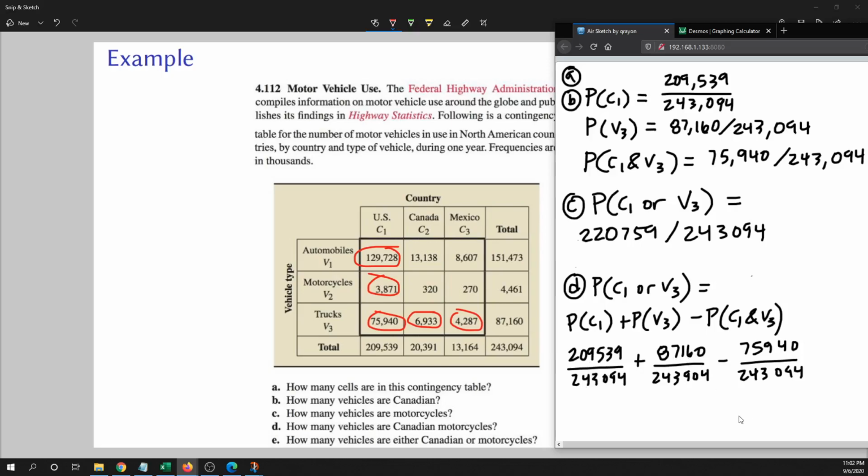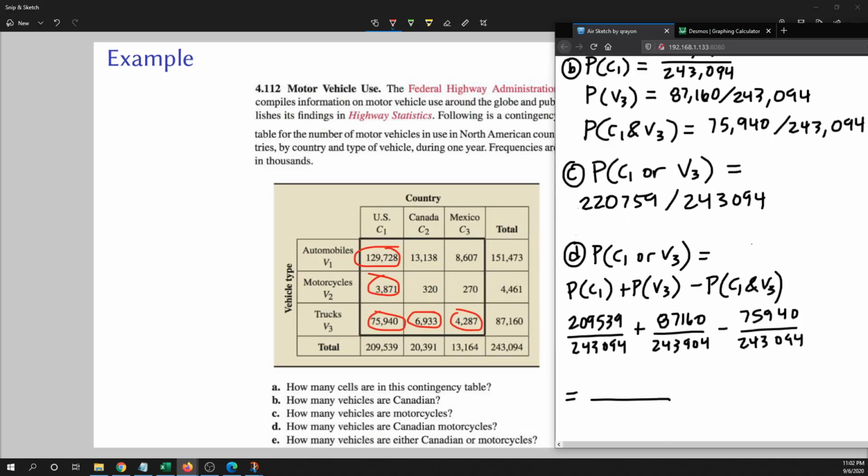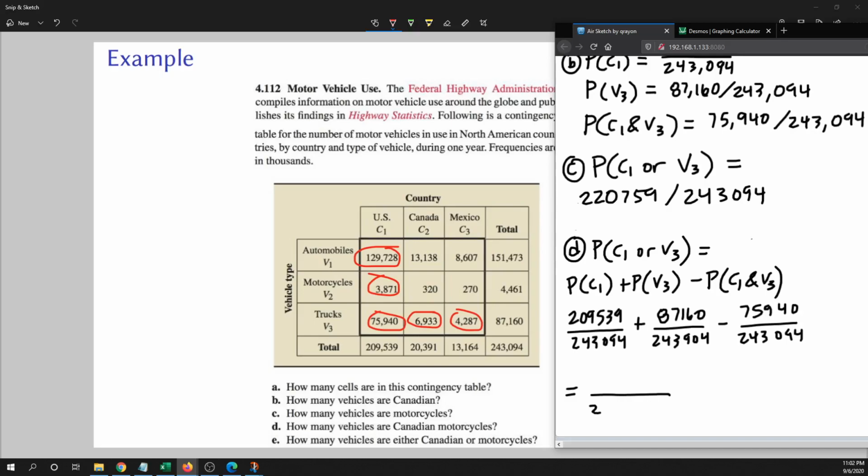Okay, and so then what you would do is just combine those fractions together. They all have a common denominator, 243,094, and then you can just combine the numerators.